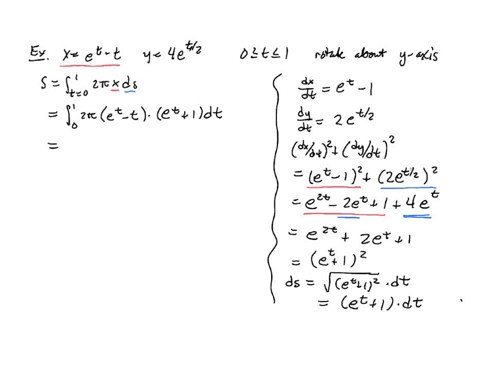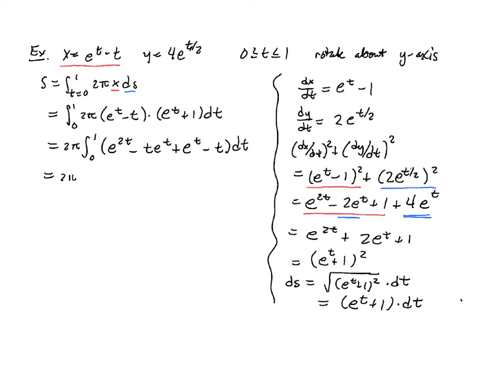What I'm going to do is pull out the 2 pi and then just multiply out the bits that we have in there. So e to the 2t minus t e to the t plus e to the t minus t dt.